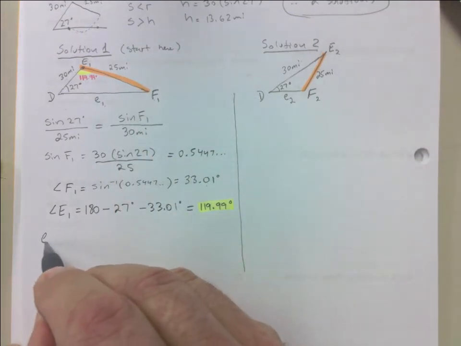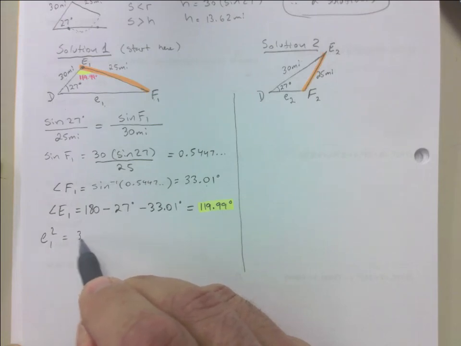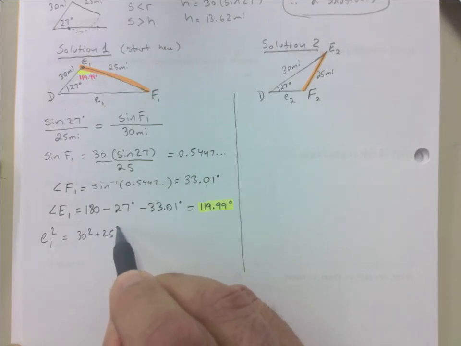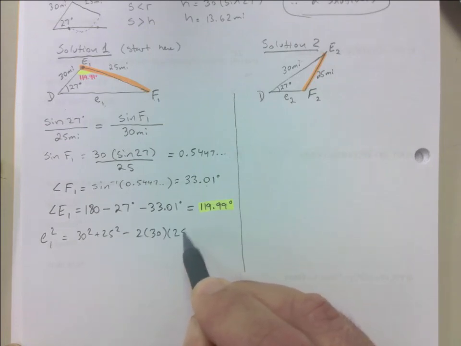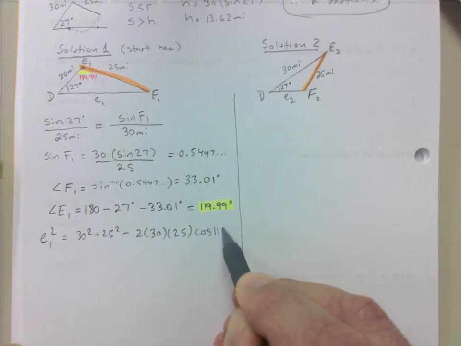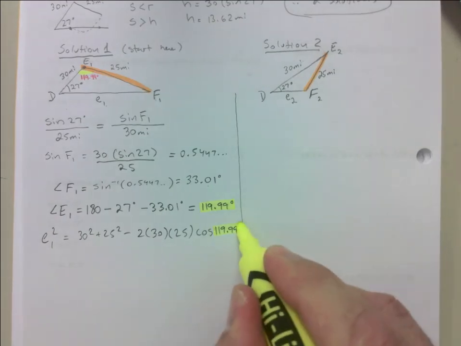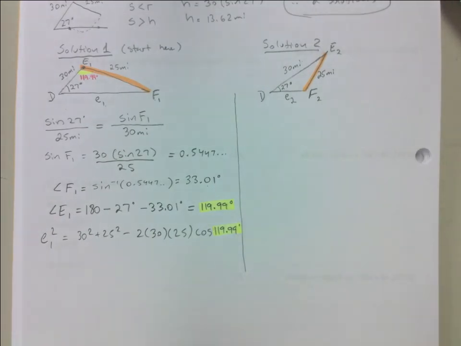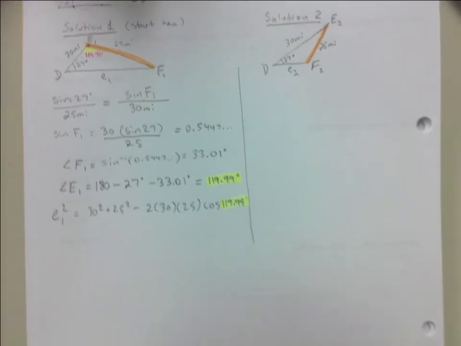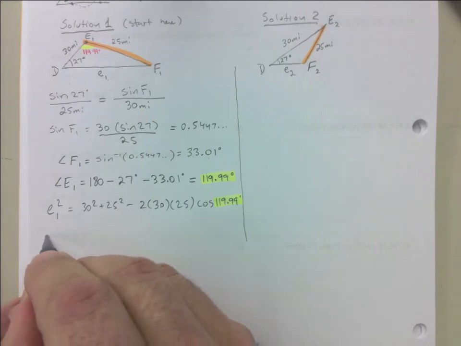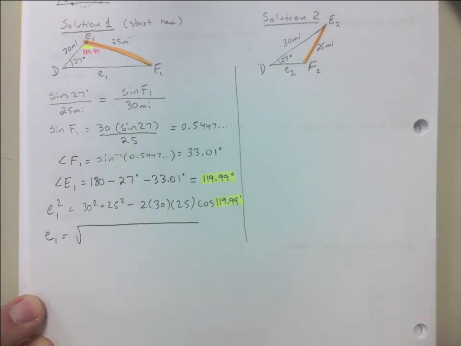So here it is. E1 squared is 30 miles squared plus 25 squared minus 2 times 30 times 25 times cosine of 119.99. There it is, right? And then E1 is just the root of all of that.